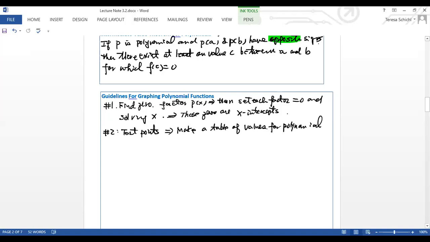You want to find something in between. You might not know exactly, but you can get the idea, right? So we're going to do some examples.